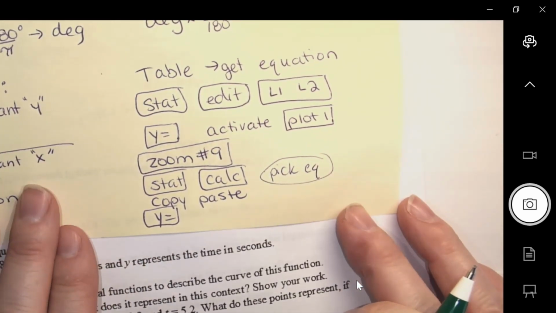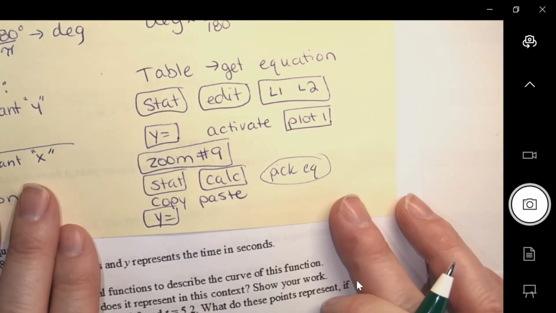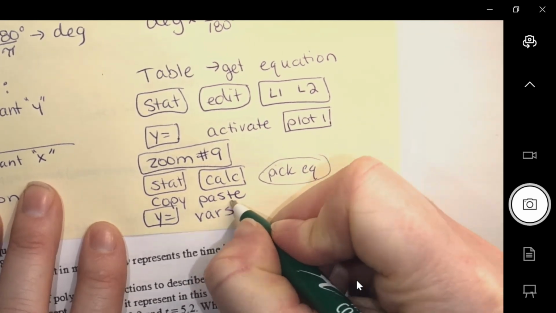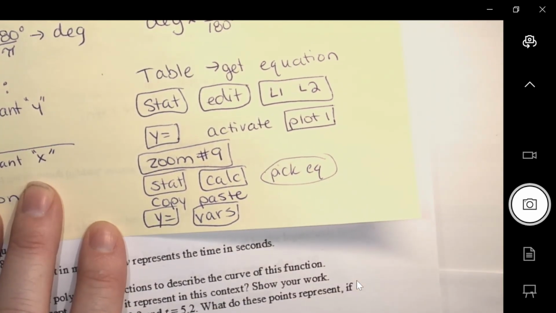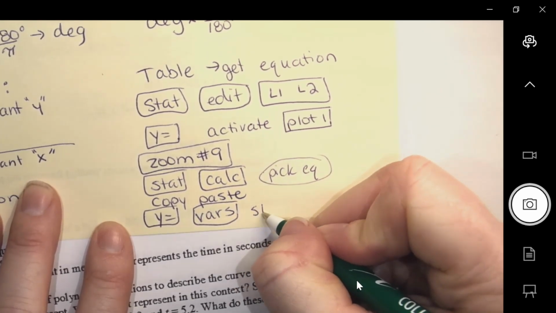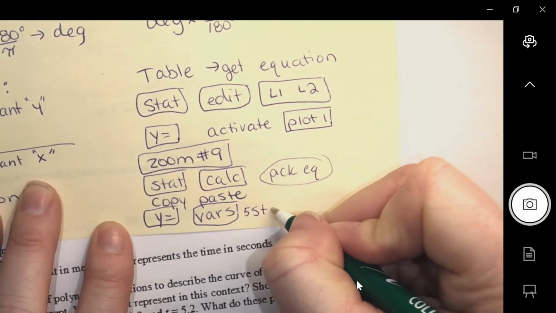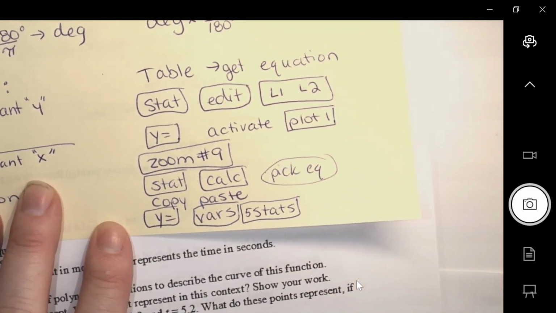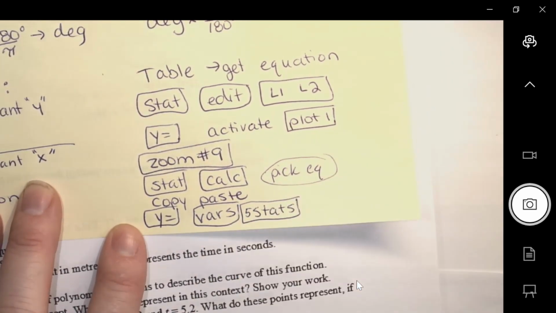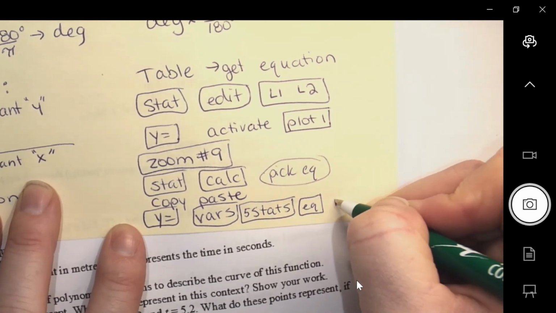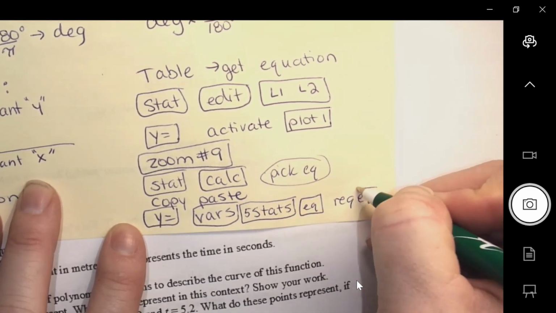So to copy and paste, we hit y equals, and then we hit vars, we hit number 5, statistics, equation, regular equation.